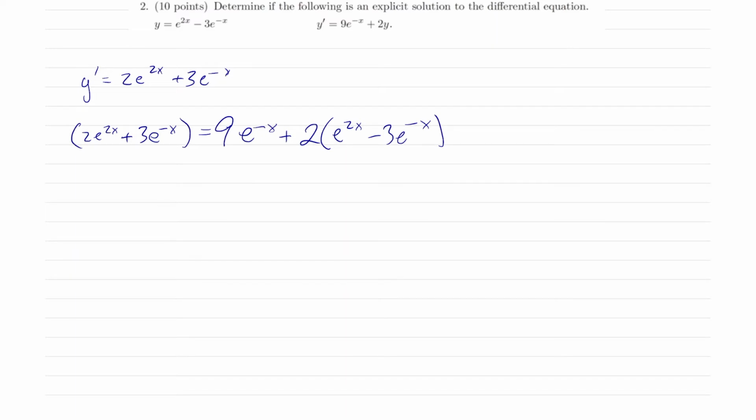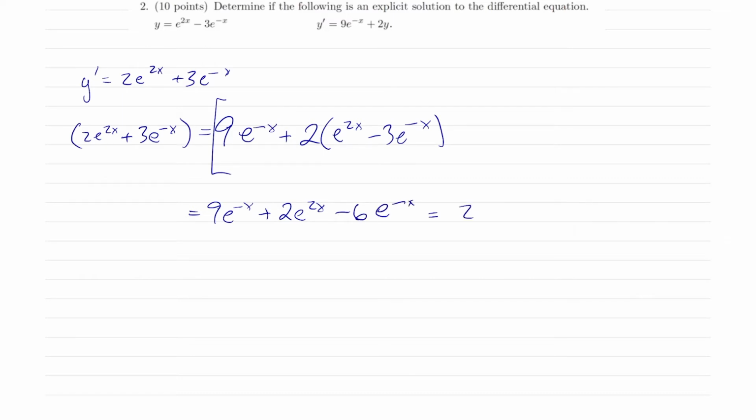So just looking at this piece right now. So this is going to be equal to, we have 9e to the minus x plus 2e to the 2x minus 3e, makes that 2 times 3 makes that 6. So minus 6e to the minus x.